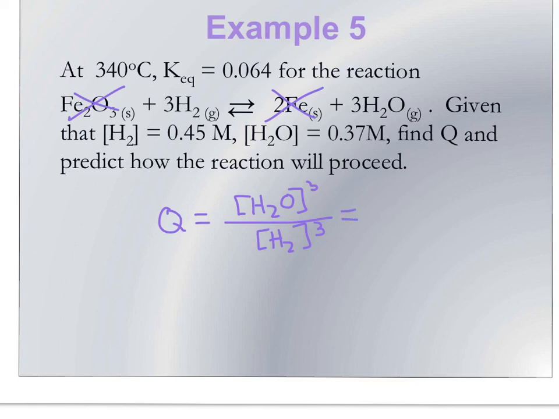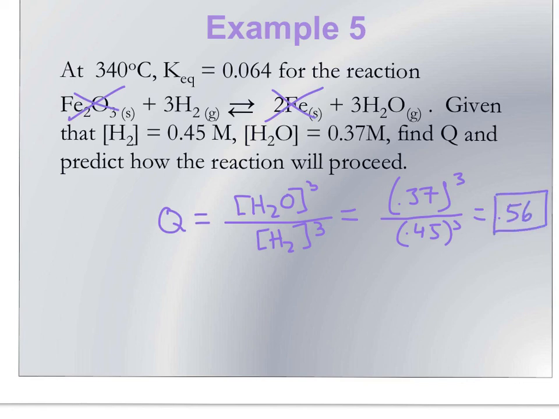Now we plug in our values. Our H2O is 0.37 molar, and that's cubed, over our H2 is 0.45 molar, and that is cubed. Let's calculate that. The answer rounded to 2 sig figs is 0.56.